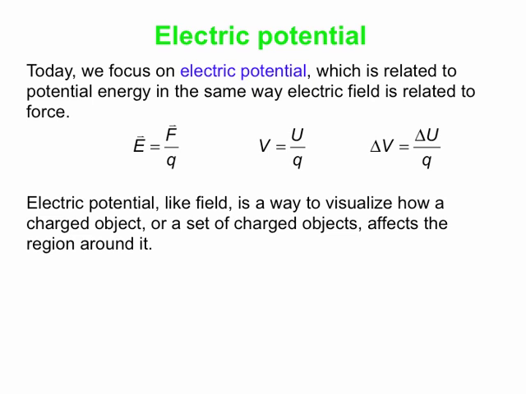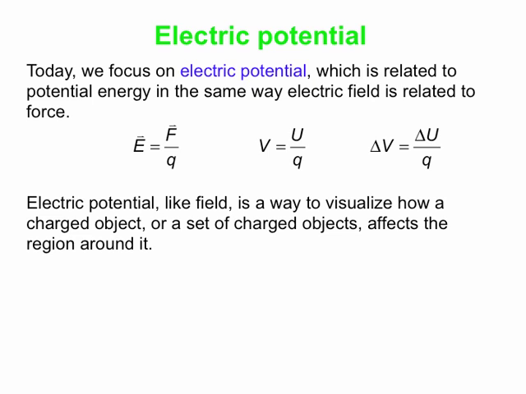Okay, so what is electric potential? Well, it's similar to field in the sense that it is a way to visualize how a charge or a set of charges affects the space around it. So there doesn't have to be a charge at a point for there to be a field there.